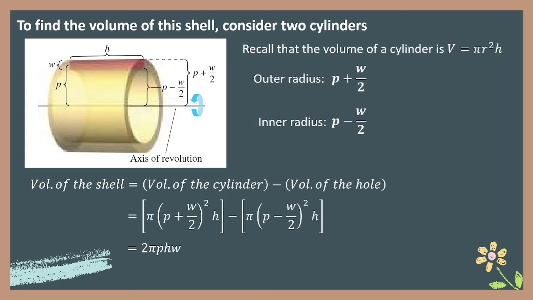To find the volume of the shell, we subtract the volume of the hole from the volume of the cylinder. So we have here 2 pi times the average radius times the height times the width, or thickness. So 2 pi here is the constant in the formula.